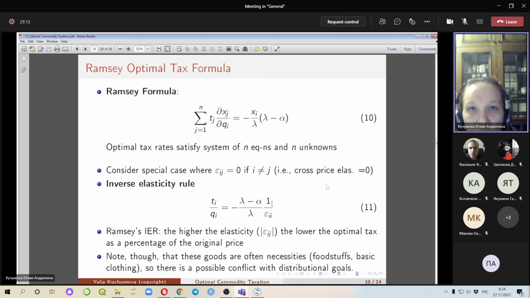And this is basically the same as we already learned in the previous lecture, right? We said that deadweight losses are proportional to the elasticity.